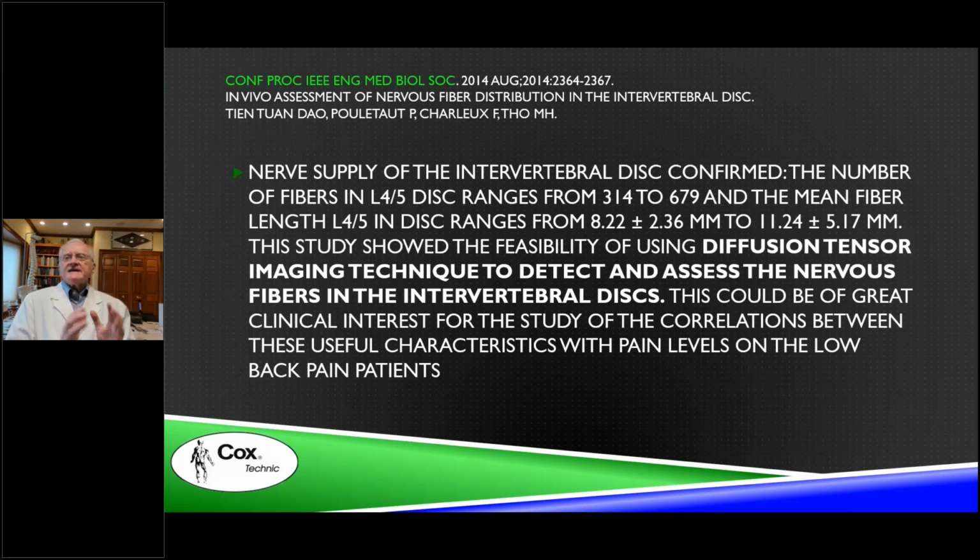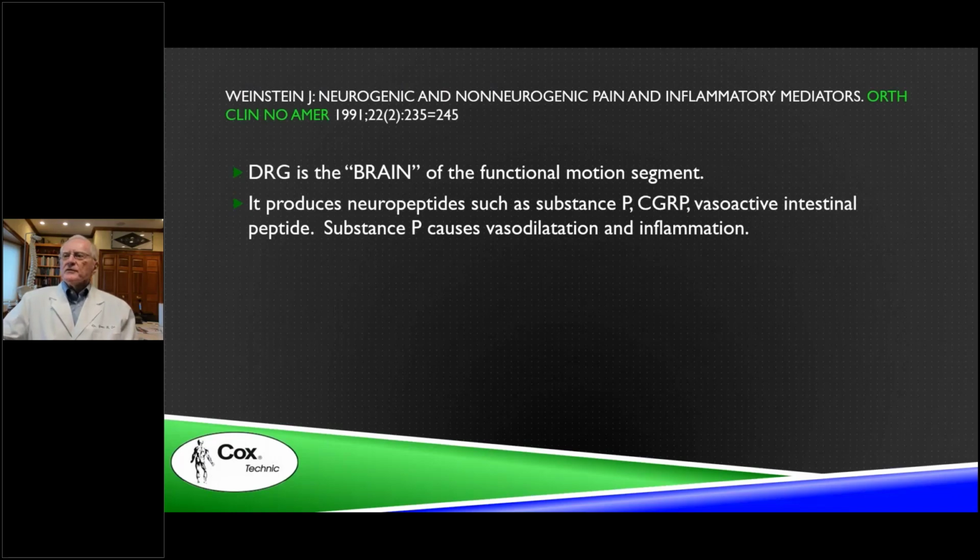Both of these techniques are designed to measure and assess nerve fibers within the intervertebral disc. And remember, it is said in this study that the DRG is the brain, that it could actually receive an afferent impulse, process it, and create an efferent response without a rostral transmission to the brain.